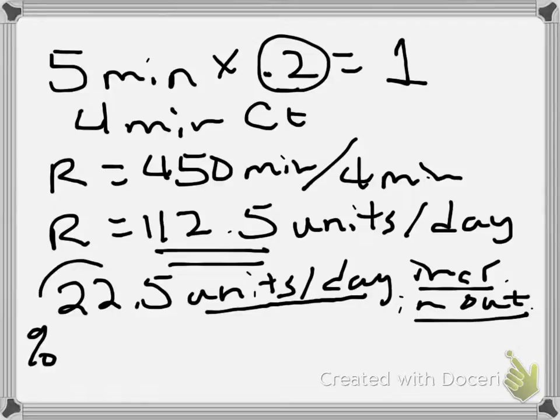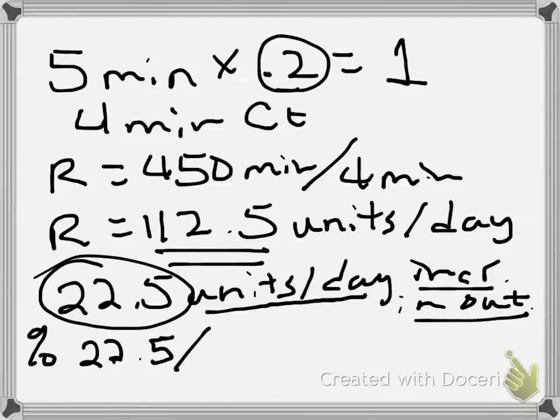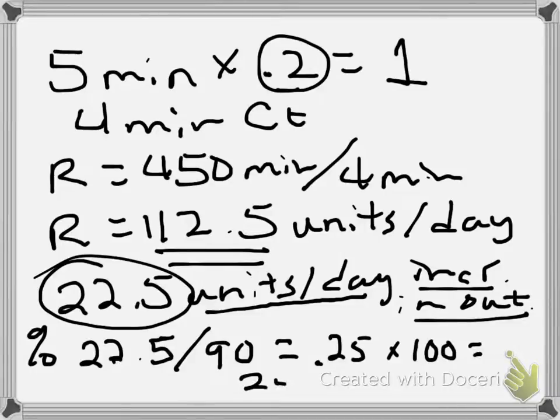So if we look at our 22.5 units as being the increase, we take 22.5 and divide that by our original output of 90, which equals 0.25, times 100 equals a 25% increase in output.